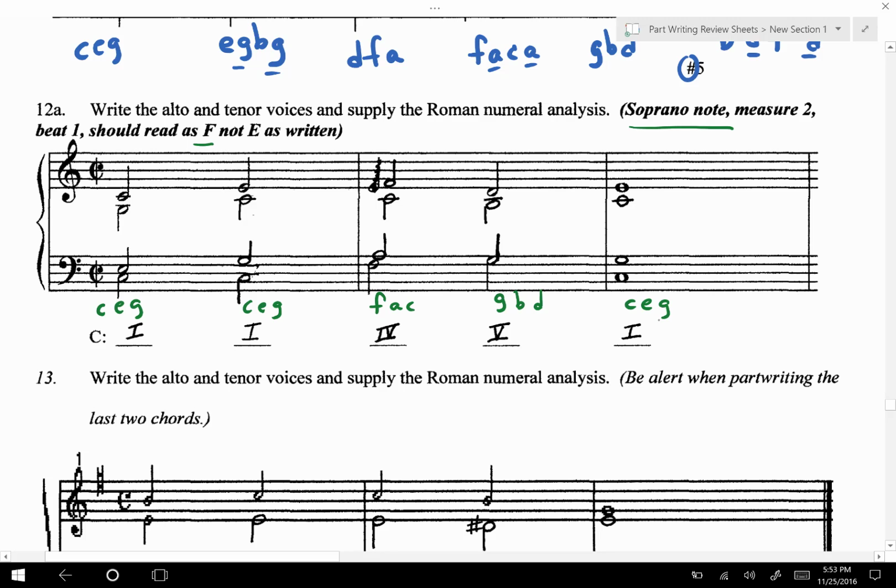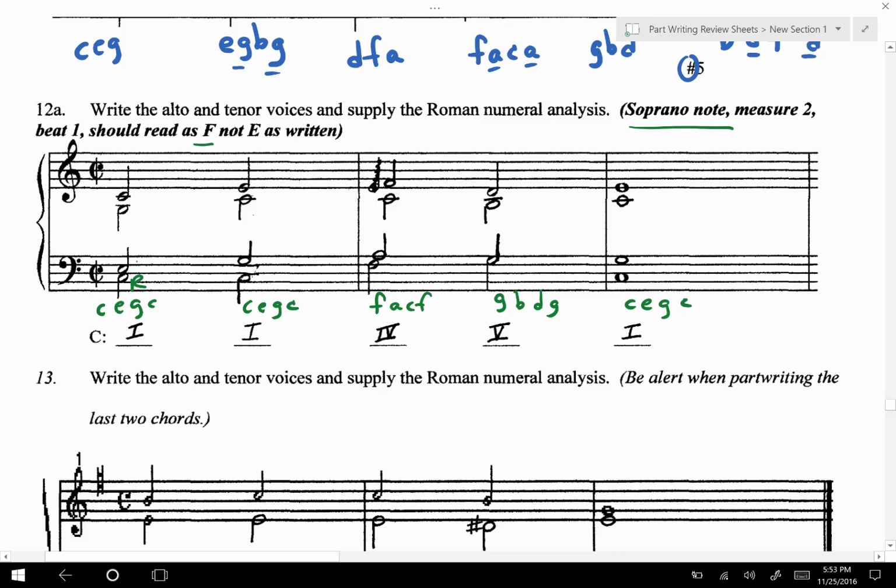Okay. Make sure you have a doubled root in all these. And notice the change in motion. It's not static motion between voice parts. It changes it up a little bit, which makes it more interesting to sing and to hear.